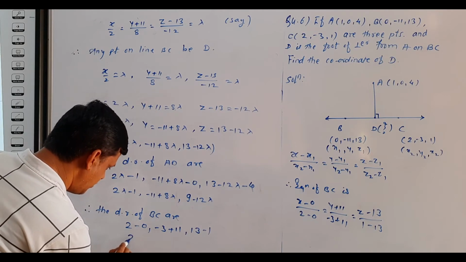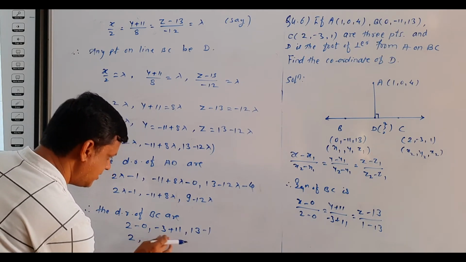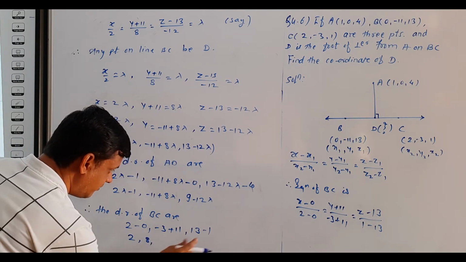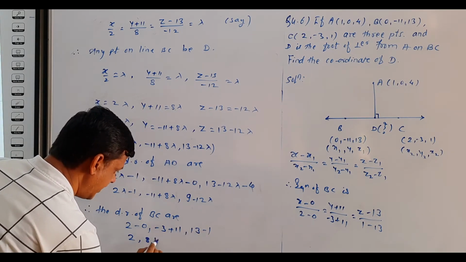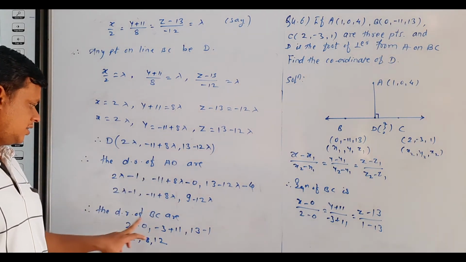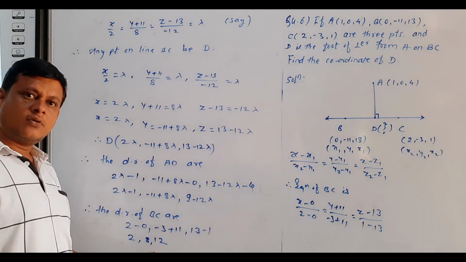So we write 2 minus 0 as 2, minus 3 plus 11 as 8, then 13 minus 1, we write 12. So the direction ratio of AD are known, direction ratios of BC are known.